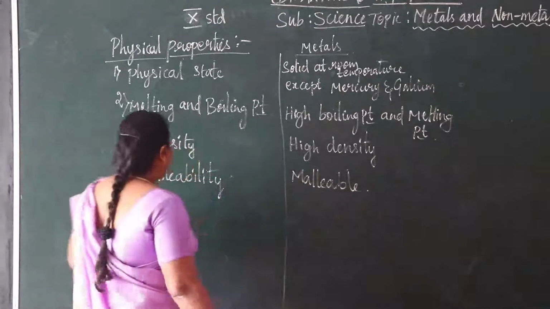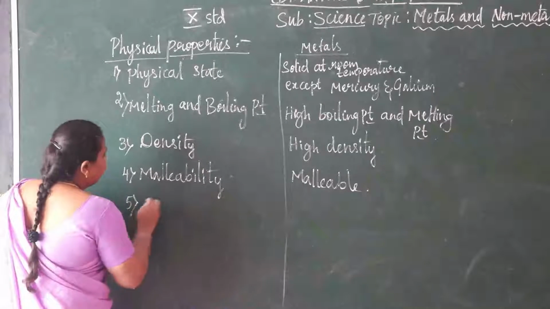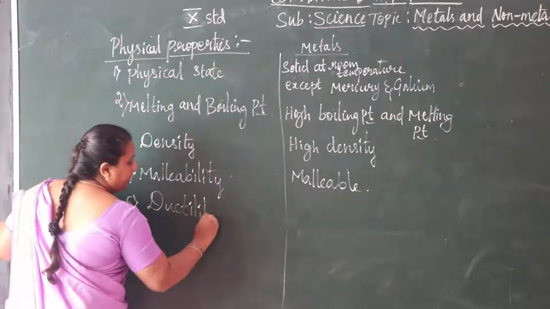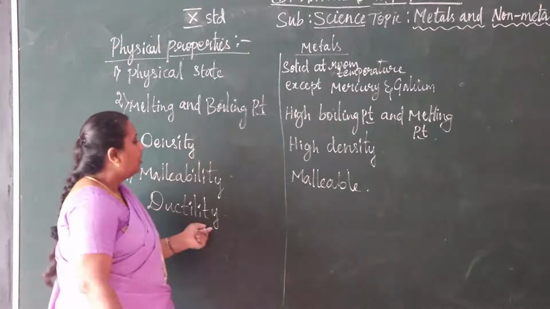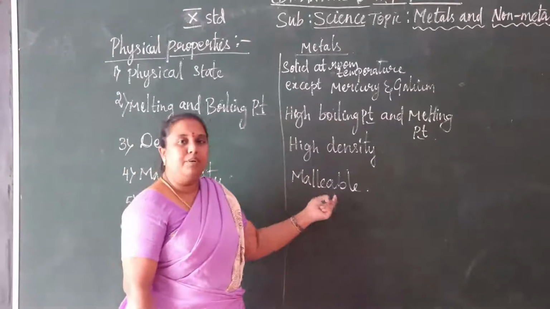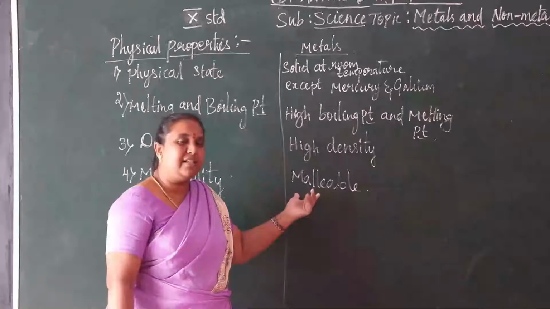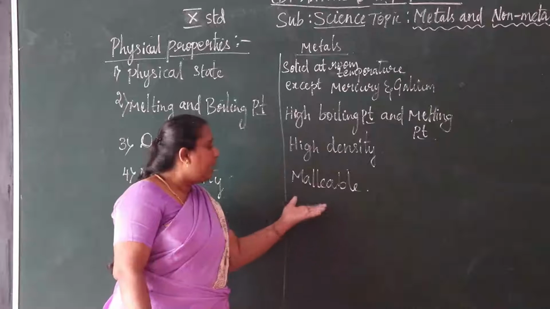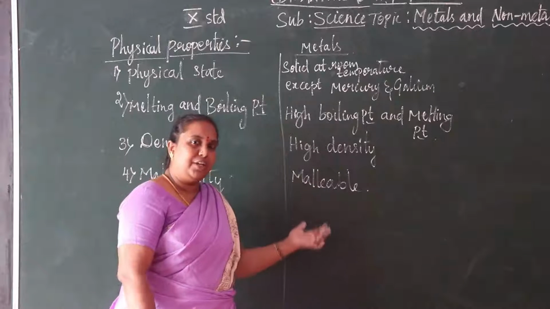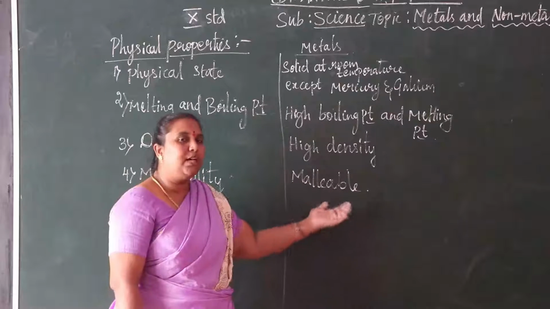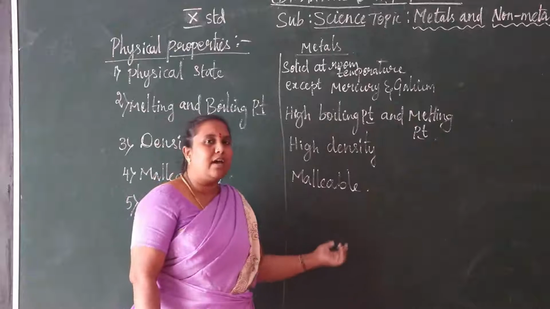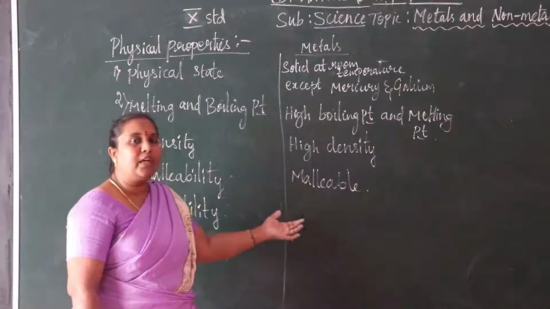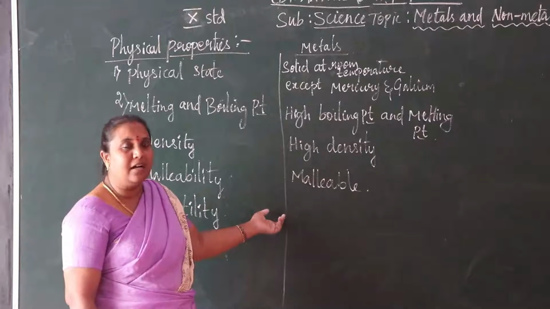And then we have another property, ductility. Beating into thin sheets is malleability. Those sheets can again be beaten into thin wires. For example, copper is a metal.